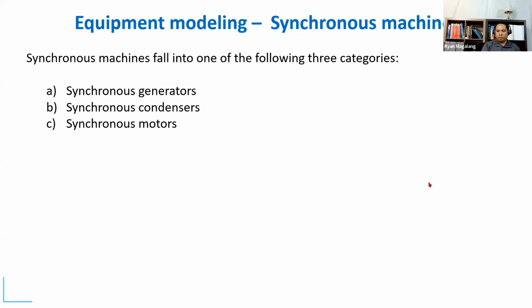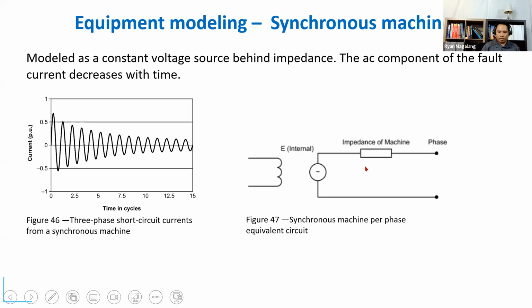And synchronous machines are another one. The only difference, and I don't have that drawing here, you'd see it in some books, is that a synchronous machine they would model like this, let's say, and an induction machine they would model something like that.